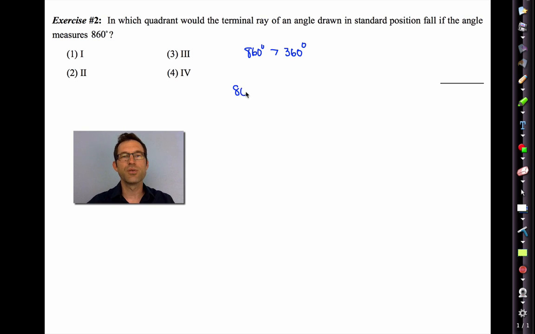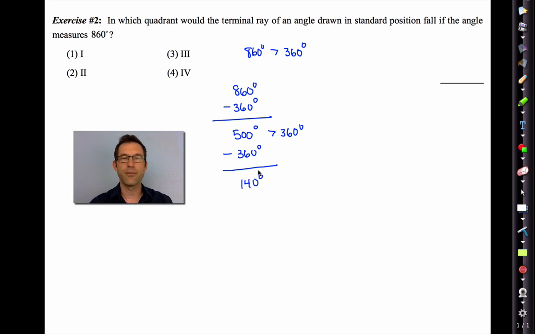So what a lot of students will do is they'll start to subtract off 360 until they get to an angle between 0 and 360. So if I subtract off 360, I'm at 500, but 500 is still greater than 360. So if I subtract that again, what I'll now get is 140.